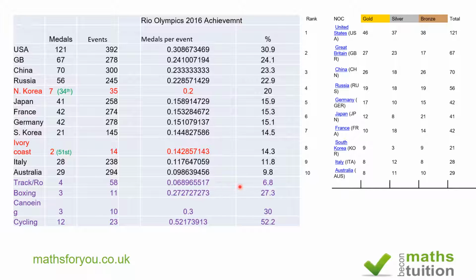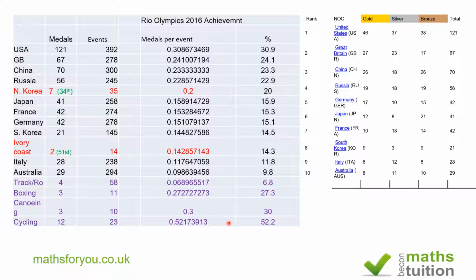Now, another advantage of my system, of my method, is that if you use my method to rank categories in a given set of athletes. So here I'm looking at cycling, canoeing, boxing, and track and road events, which includes the marathon. Now, these figures are for the British team.